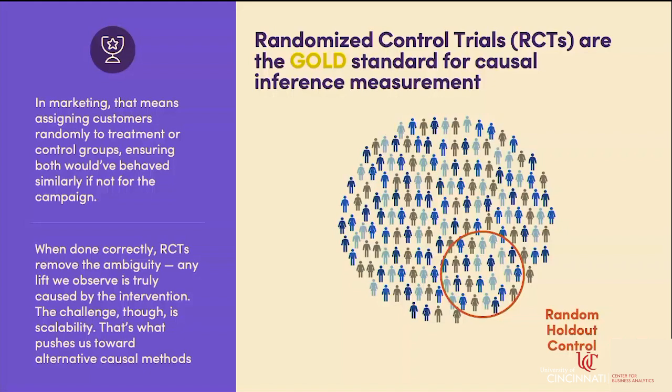One of the simplest and most effective forms is to have a randomized control trial type of experiment design, where we randomly hold out a small percentage of the overall population that's eligible for the treatment. It's typically 5%, 10%, but it also depends on a lot of different factors.